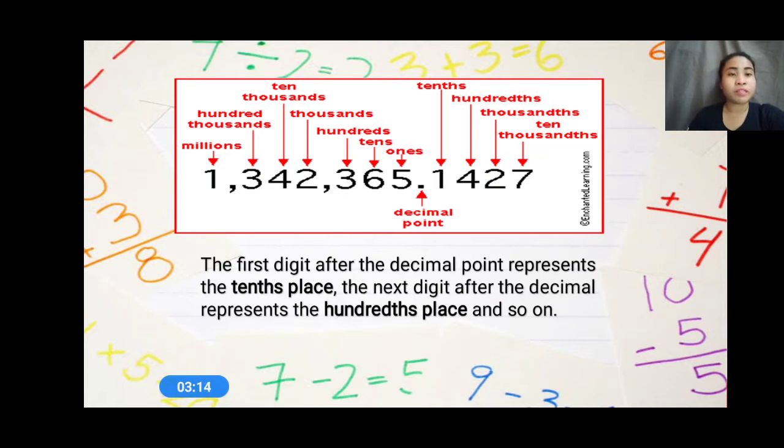Specifically, a decimal number has a decimal point in it. And I want you to remember again, the first digit after the decimal point represents the tenths place. Next to tenths, we have the hundredths, and then the thousandths, and then the ten-thousandths, and so on.